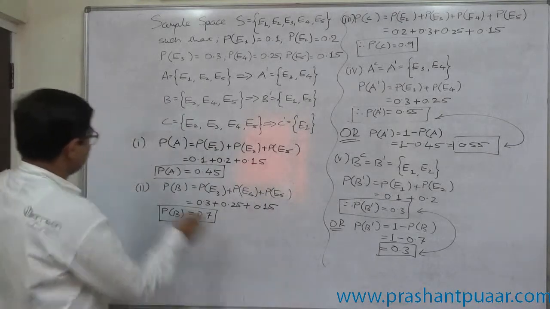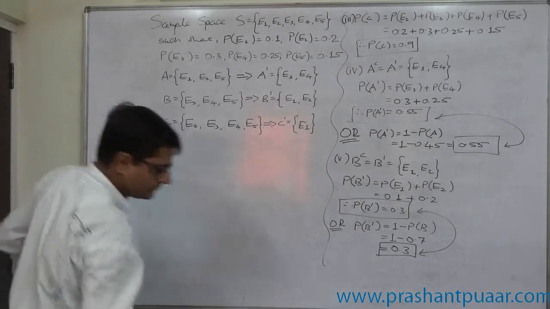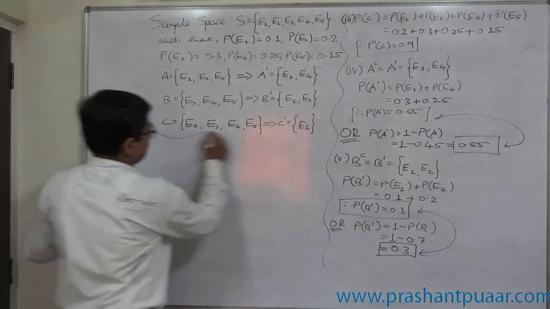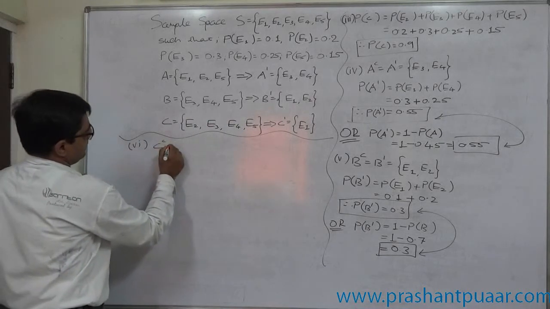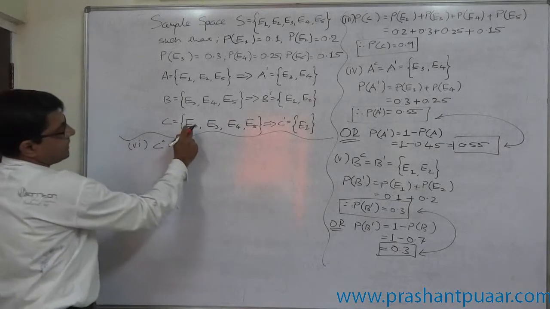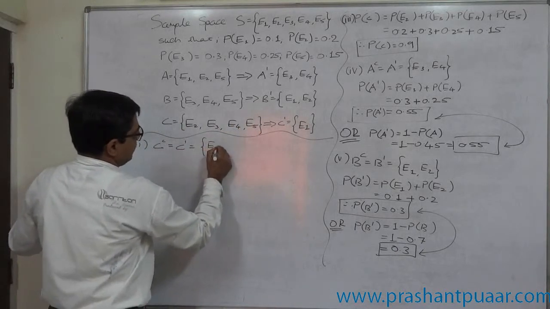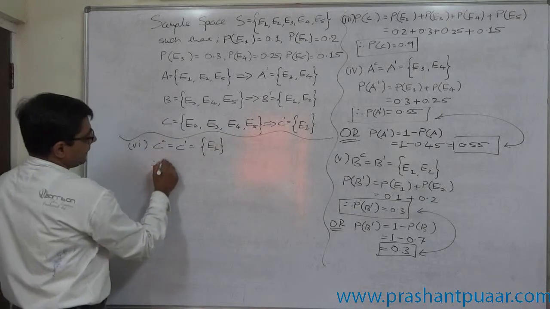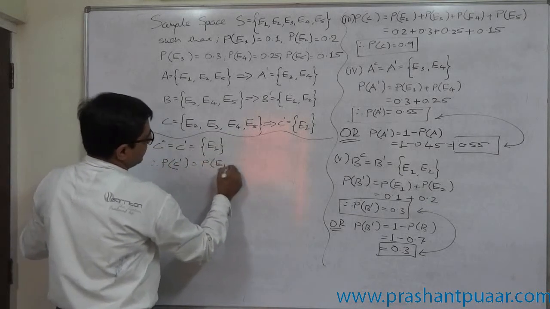Now it is the turn of C complement. C is made up of E2, E3, E4, E5. So C complement is E1 only. Therefore, P of C complement equals P of E1.